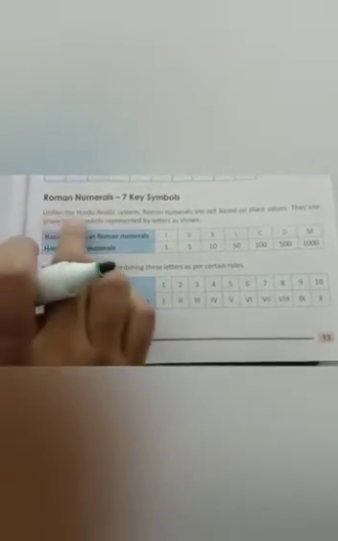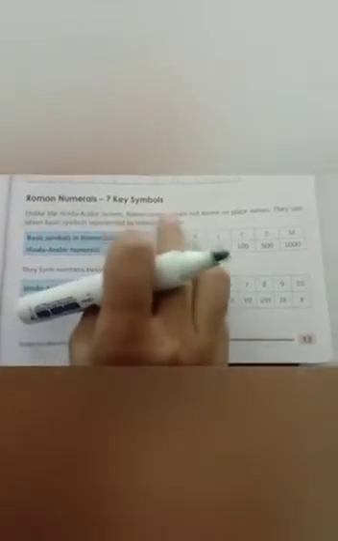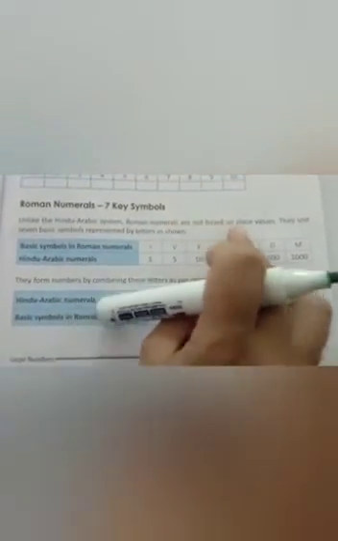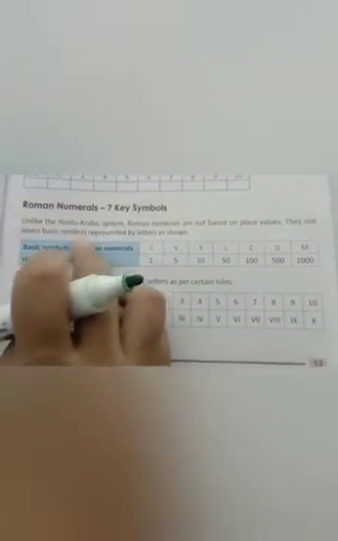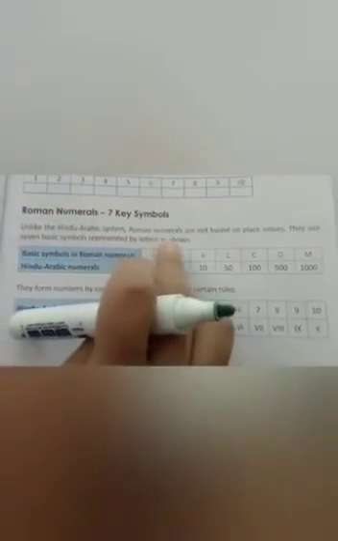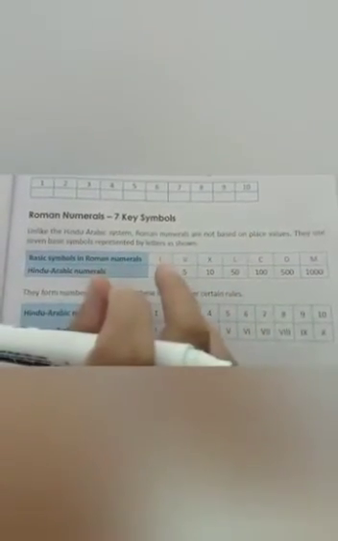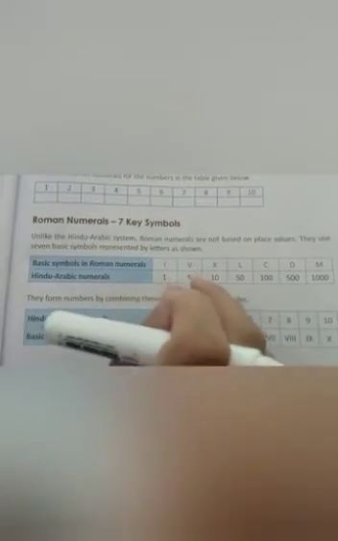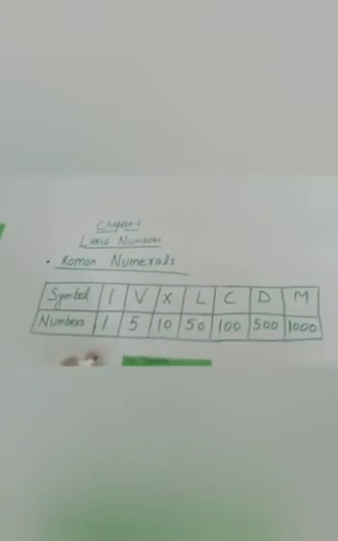Let's learn about Roman numerals. Unlike the Hindu-Arabic system, Roman numerals are not based on place values. They use 7 basic symbols represented by letters as shown. I trust you have all noticed Roman numerals in watches, wall clocks, and monuments. To understand better, please have a look at this symbol chart.